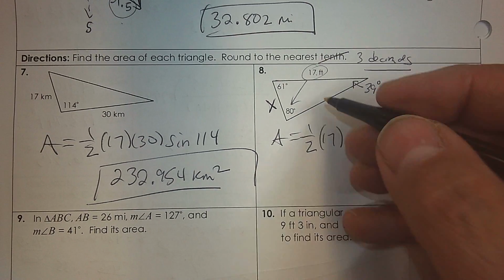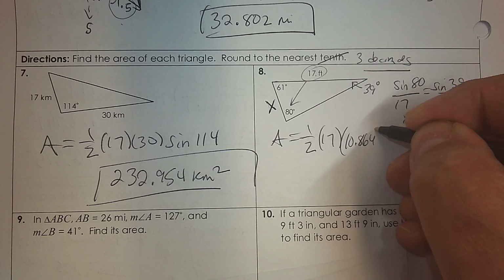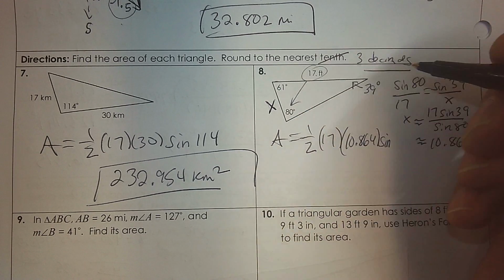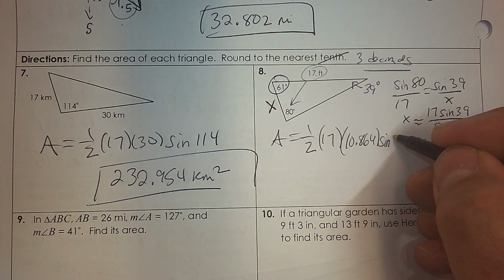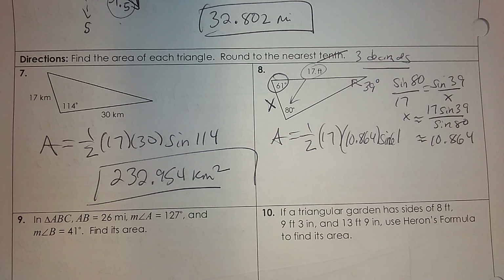Now I can do this. So now this is 10.864, and then the sine of the angle in between them, which is 61. So there we go. Oh, make sure I type it in right. 0.5. I'm using 0.5 when I use the calculator.